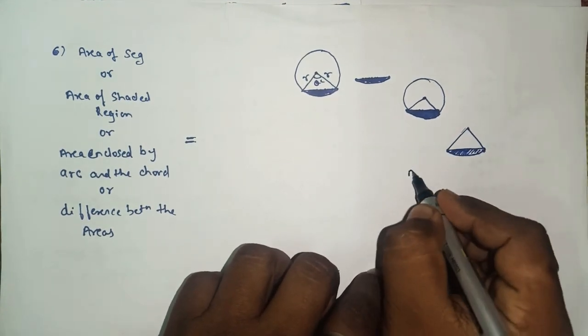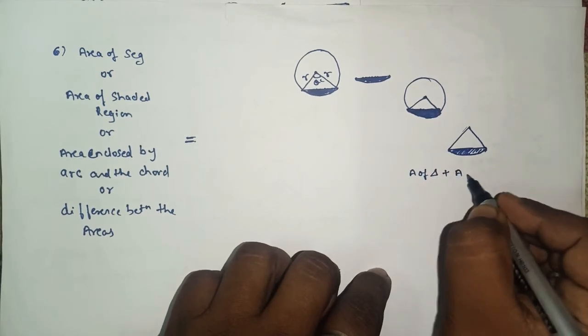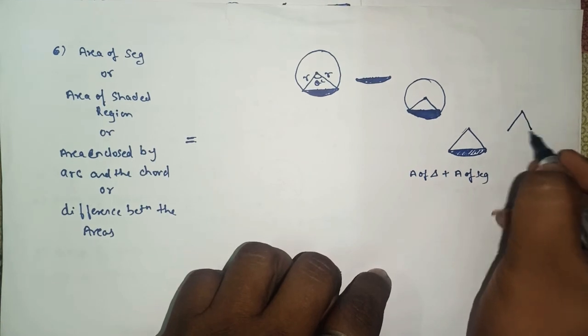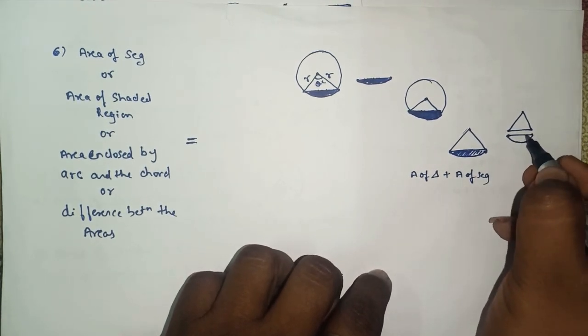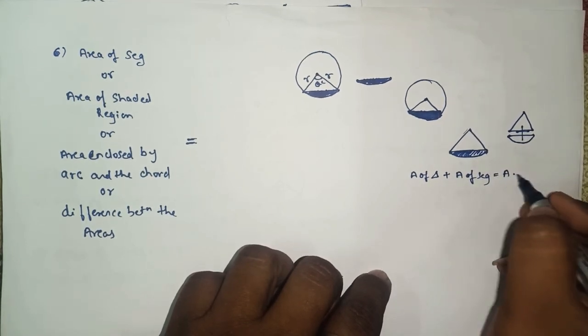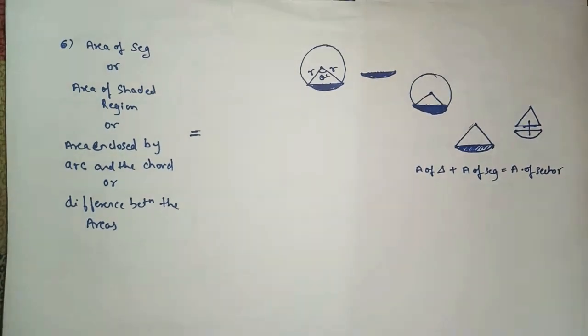So here can I say area of triangle plus area of segment. When you add these two parts, area of triangle plus area of segment, you will get the area of sector, yes or no?